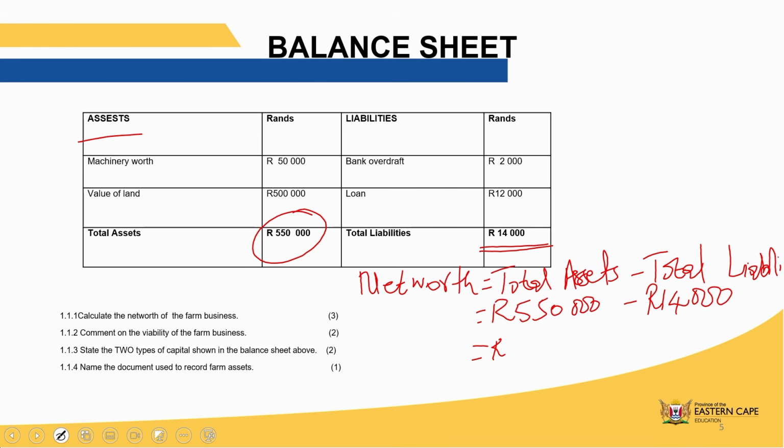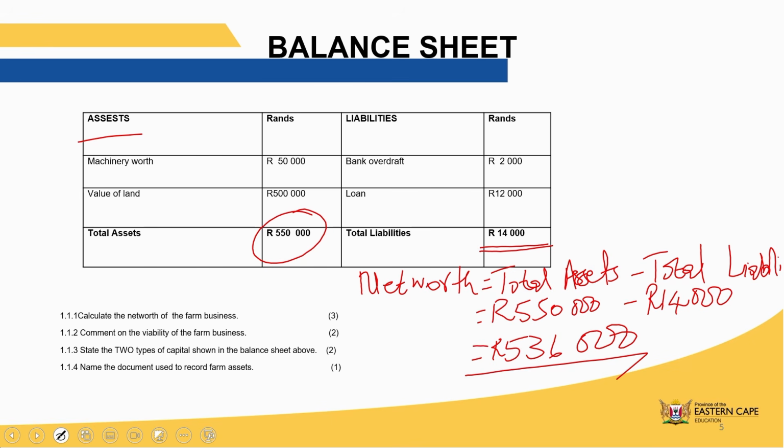Again, 550,000, sorry, 550,000 minus 14,000 is 536,000. That is our answer. The net worth of the farm business is 536,000. Then the following question: comment on the viability of the business.